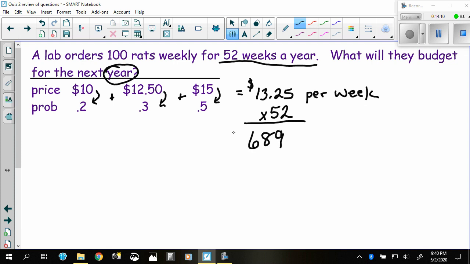So we need to budget about $689 for the year on rats if we work at this lab. So most of you stopped here at the $13.25, but that was per week. So you need to pay attention to what the information is saying about the year and make sure that you multiply by the 52 to get it per year.